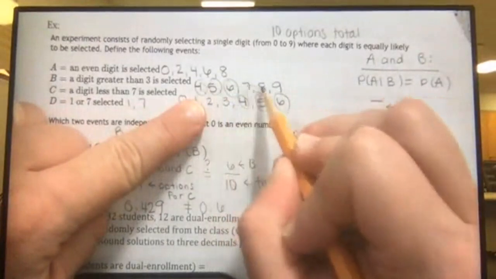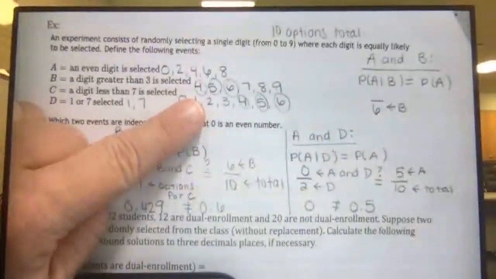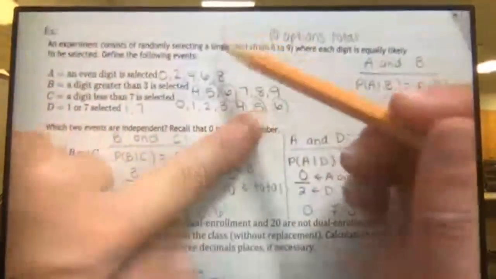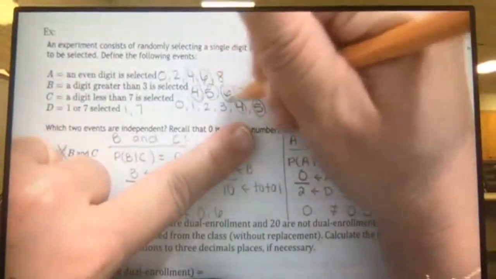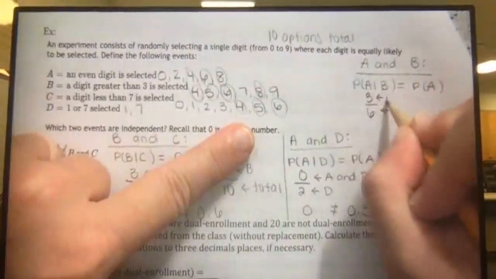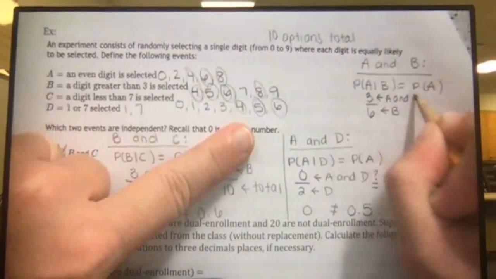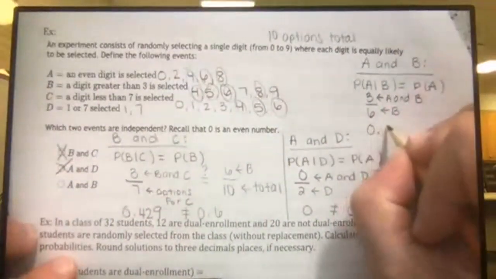So 1, 2, 3, 4, 5, 6 options. Out of those 6 options, how many does A have in common? They both have 4. They both have 6. They both have 8. So that gives us 3 options in A and B, out of 6 options total. 3 out of 6 would give us 0.5.